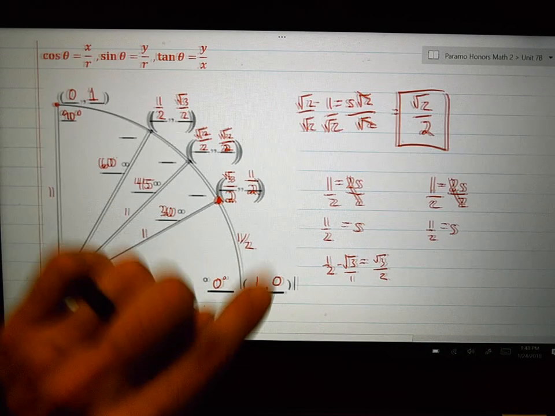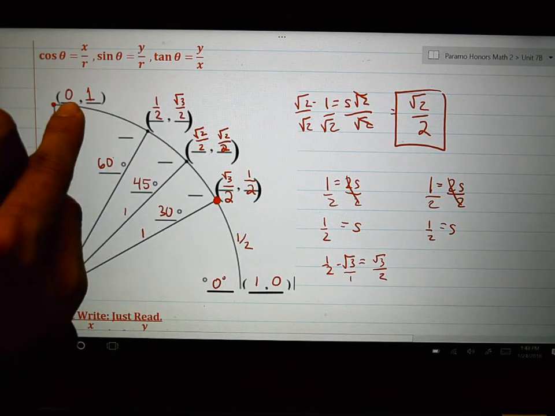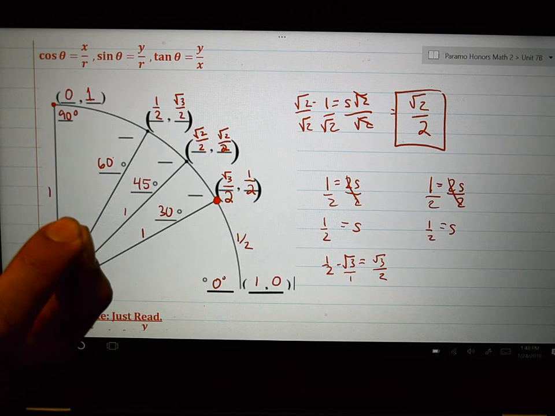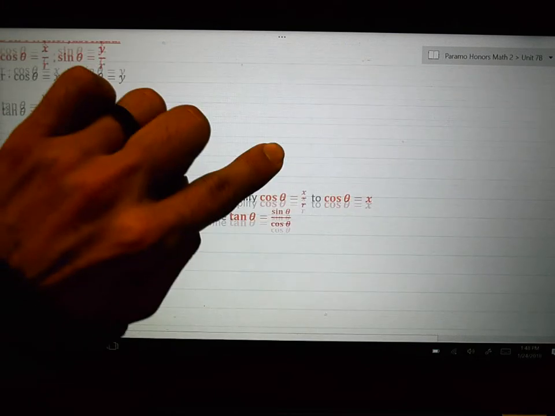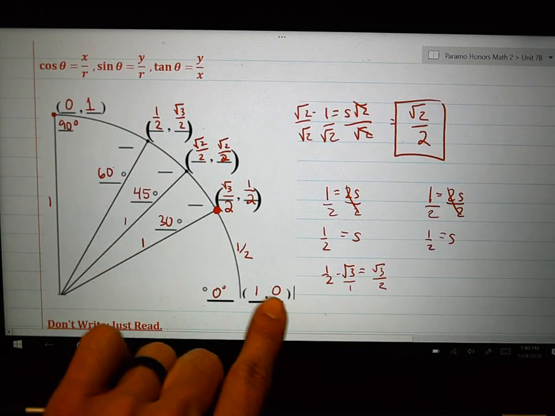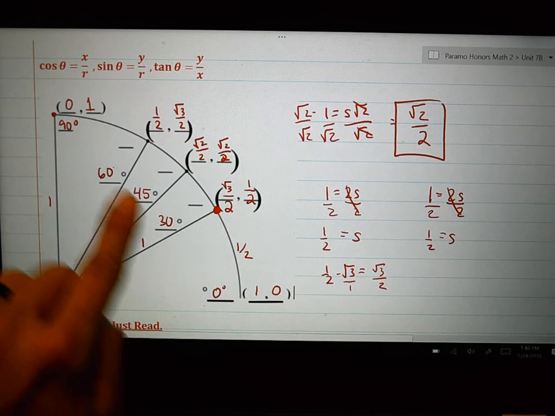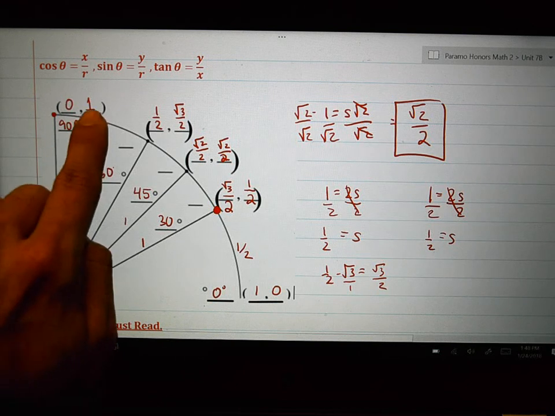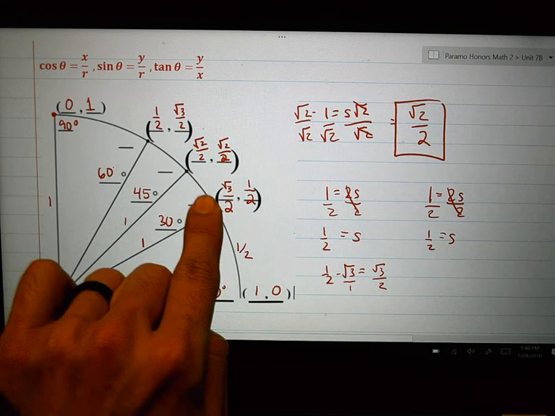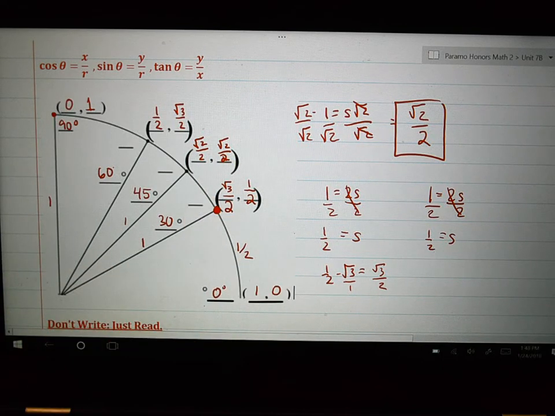Our x-coordinates are always going to be our cosine values on the unit circle. Our y values are all going to be the sine of those angles. That's the sine. That's the cosine. Cosine, sine, cosine, sine. I'm hoping that makes sense to you.